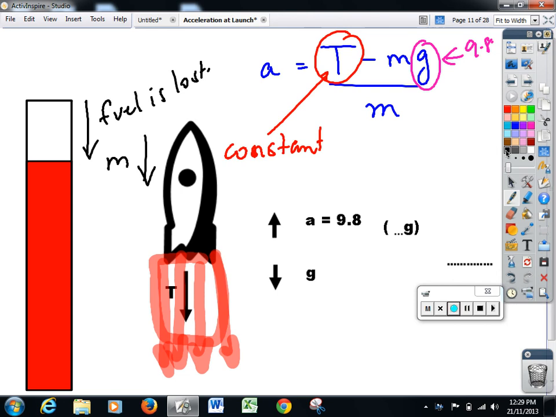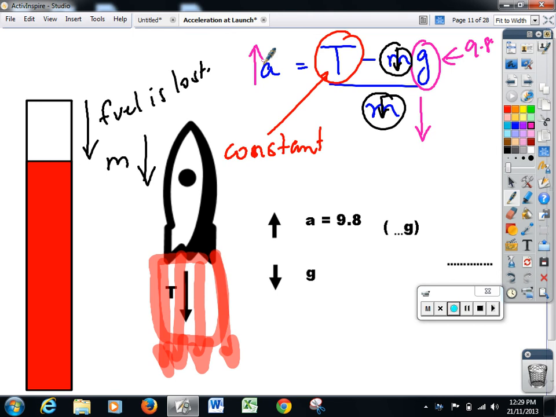What is happening is m decreases here and here. Now, looking at this as a simple fraction, if we lower the value of the denominator, the value of the fraction would increase.